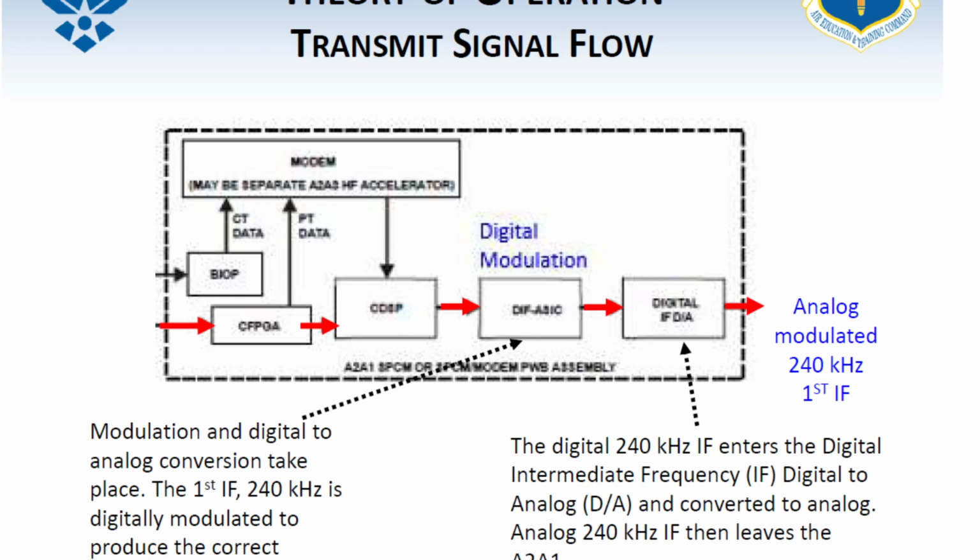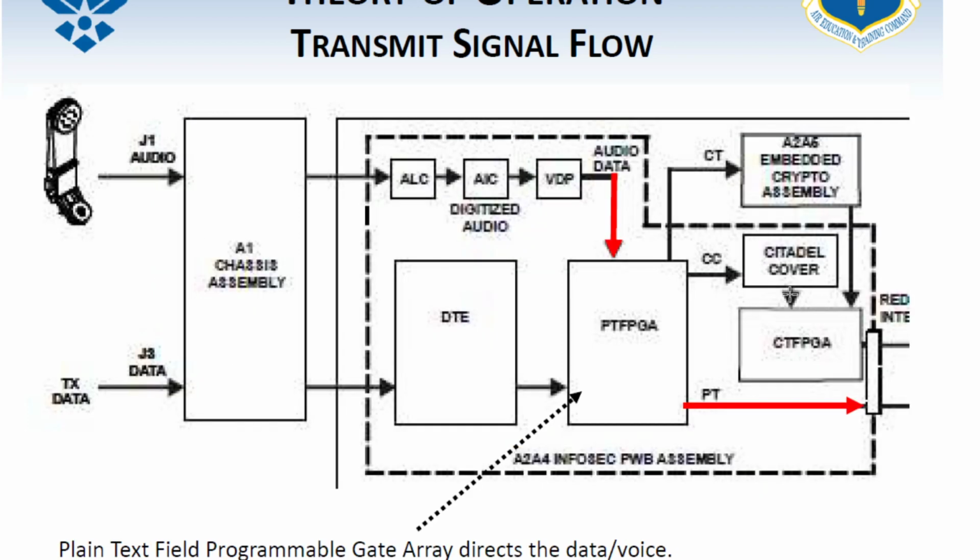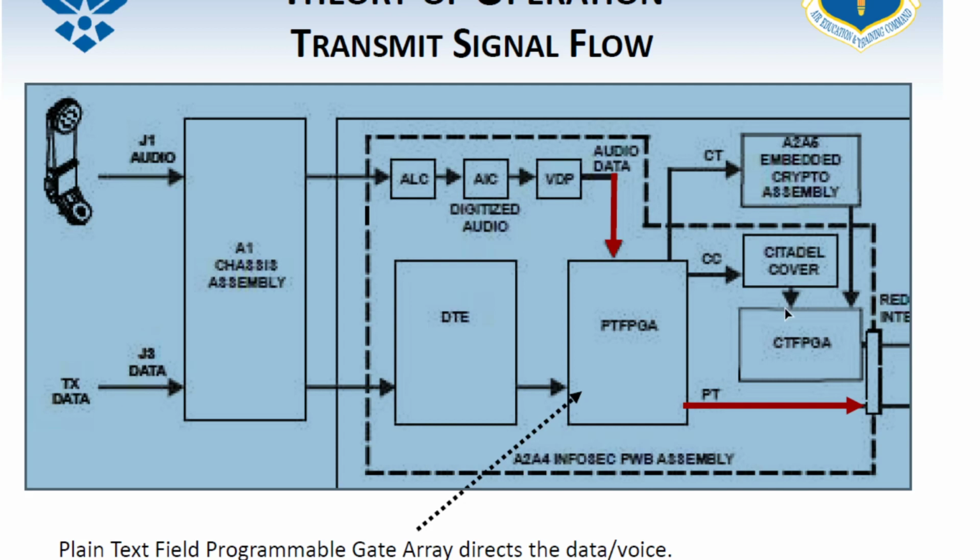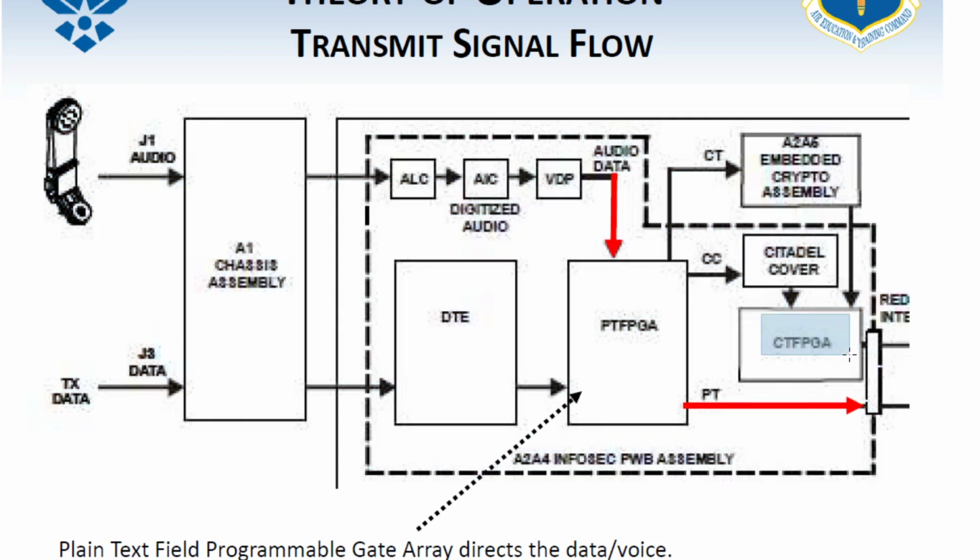Yes and no. For right now, yes, we will send data through there, but also you see how it says CT data? If anything is encrypted, and we're going to get into this when I talk about encryption, because after we do the entire transmit path, we come back through and talk about encryption, but that's fine, I can talk about it right now. If we were to go through this CC mode here, this Citadel cover mode, notice that it goes through this, the ciphertext field programmable gate array. That's what is specifically designed for ciphertext and Citadel cover mode.